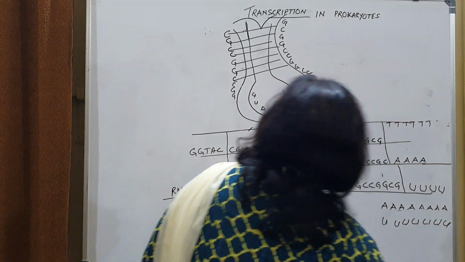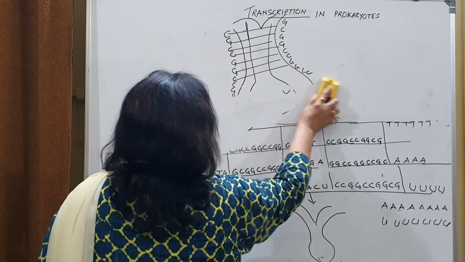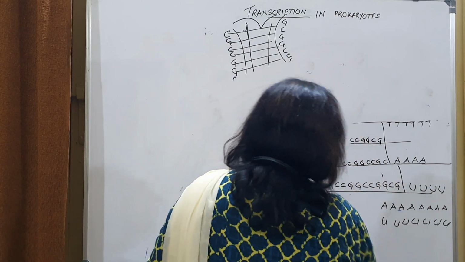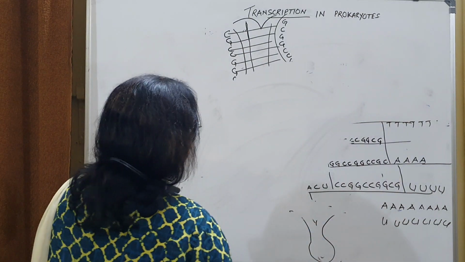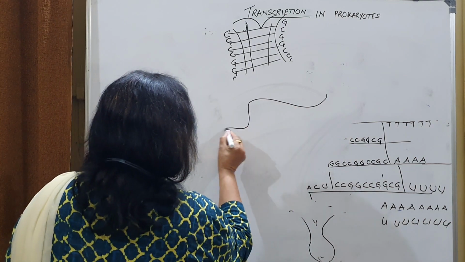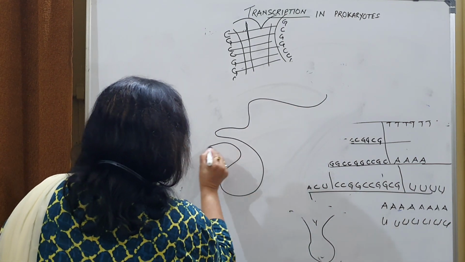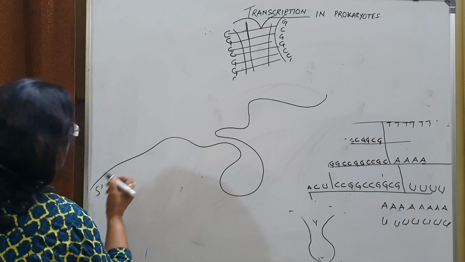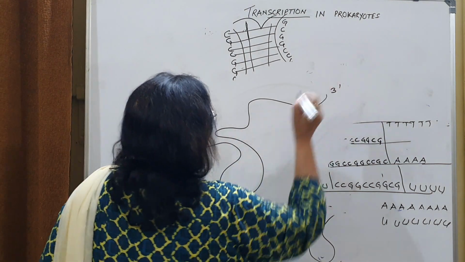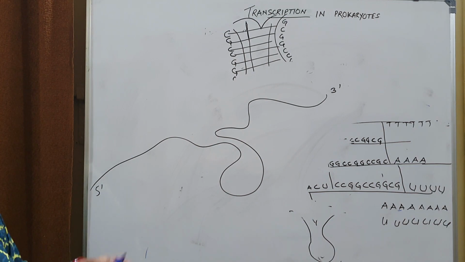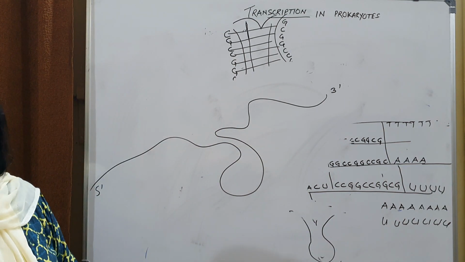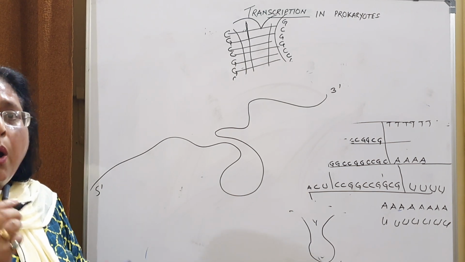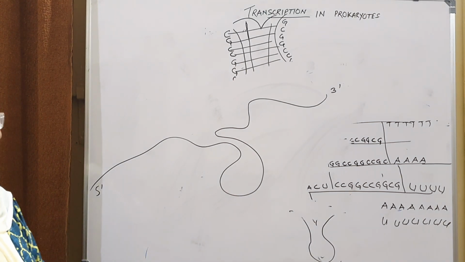So at the end, the RNA which will be liberated in the cytoplasm will be like this. In this method, the RNA comes down in the cytoplasm. So this is the first method of termination, which is Rho independent.